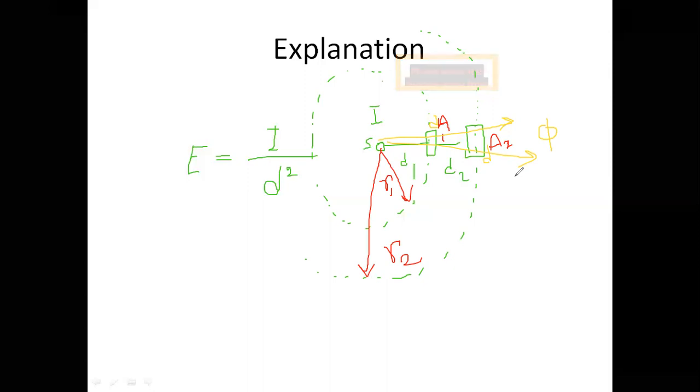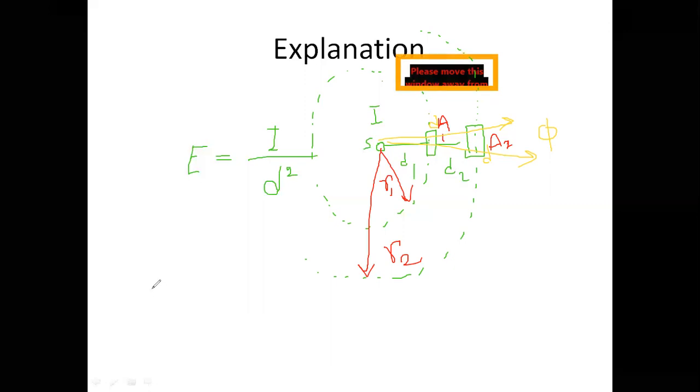Now you can see the area dA1 at R1 receives the same amount of luminous flux as area dA2 at R2, as the solid angles are the same. Okay, the same flux density is covered here and the same flux density is covered here, because the solid angles are the same.